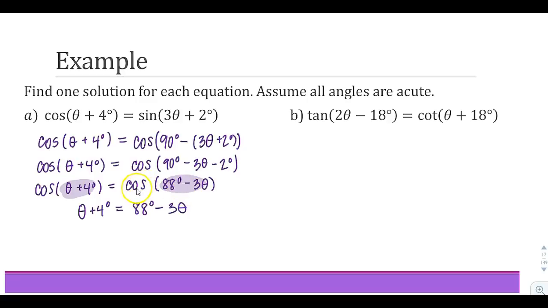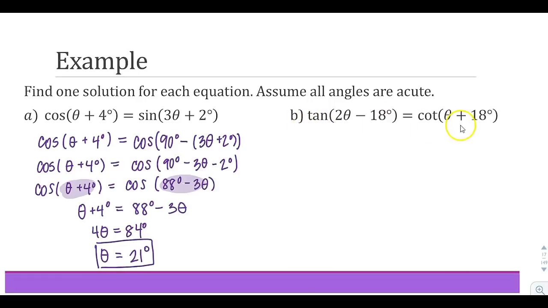And I want to be clear about something here. We are not dividing by cosine. So we can't divide by just this cos. That doesn't make sense. So we're recognizing the only way these two can be equal is if their arguments are equal. So we're extracting those and setting those equal to one another. So if I add the 3 theta to the other side, I get 4 theta is equal to, if I subtract 4, I get 84 degrees. So theta is equal to 21 degrees.